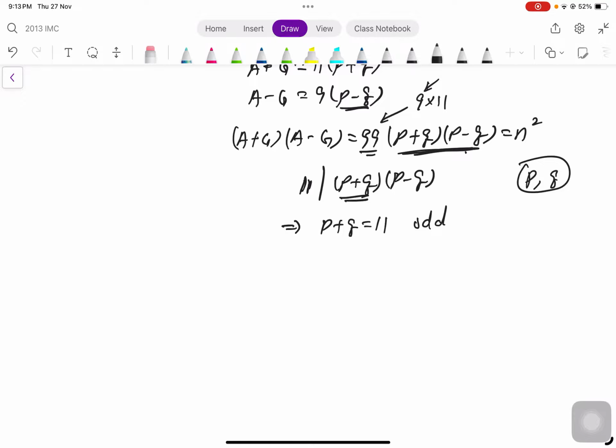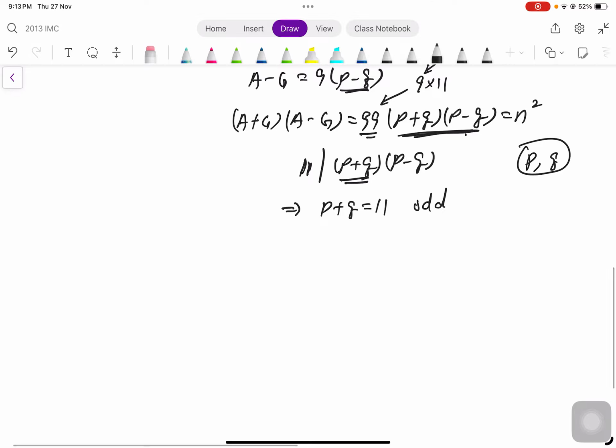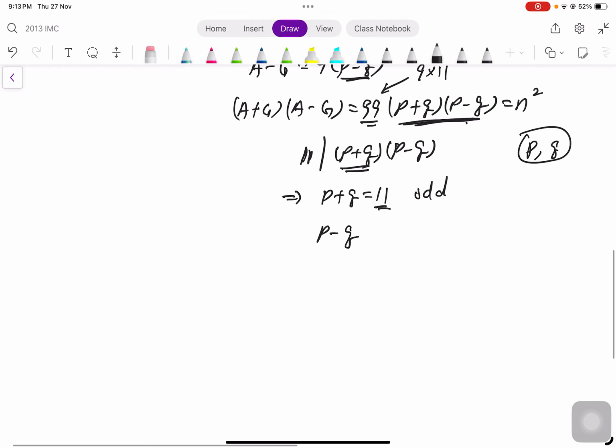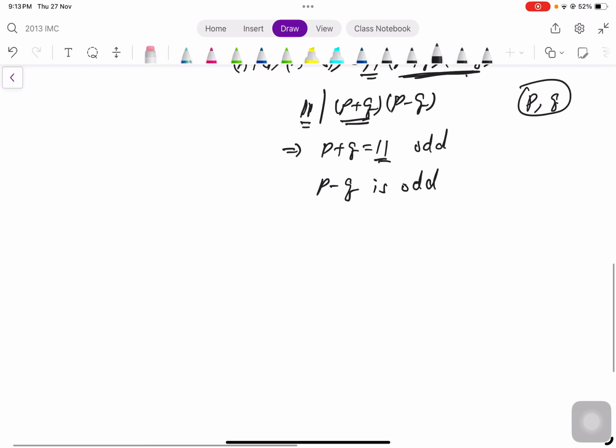Right. And P minus Q, and take note, this P plus Q is odd. That means your P minus Q is also odd, because it is divisible by 11, or the product.